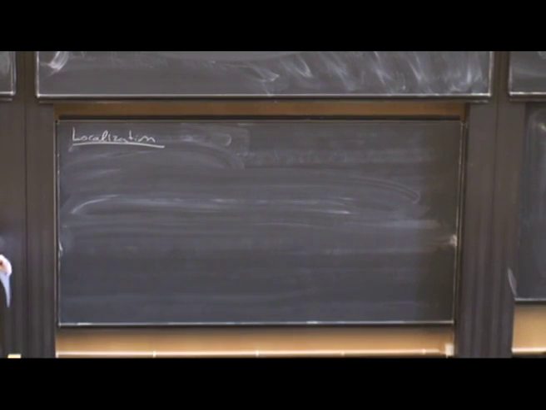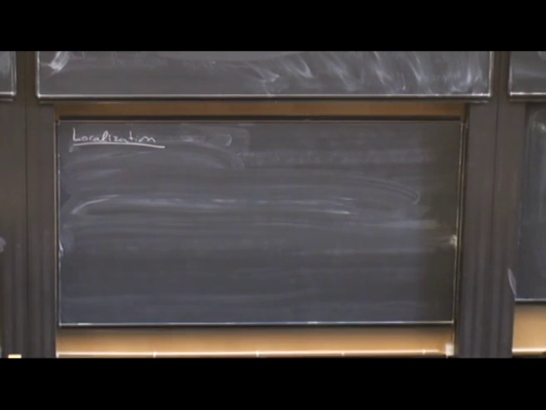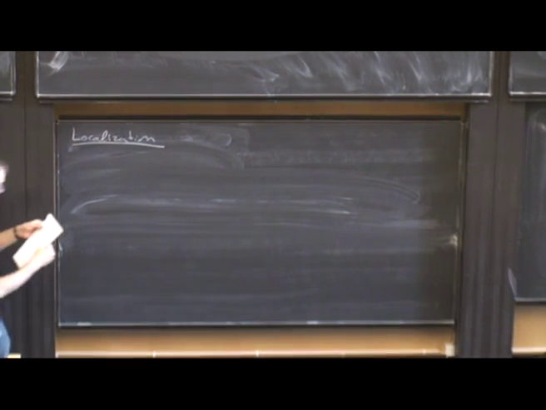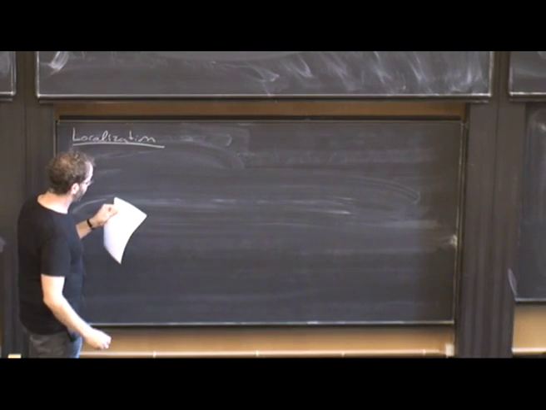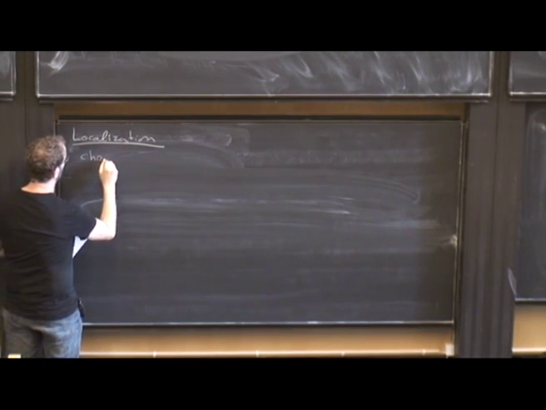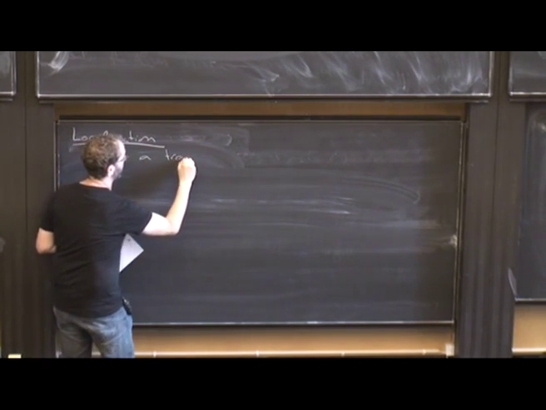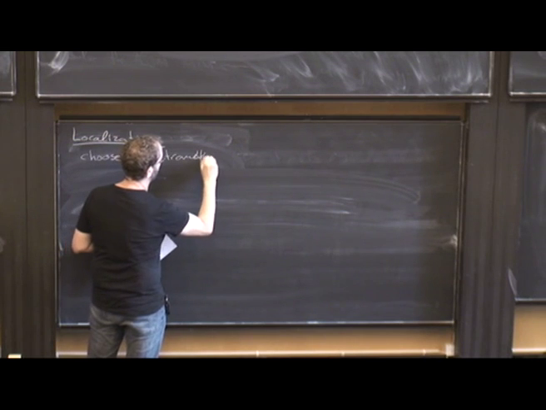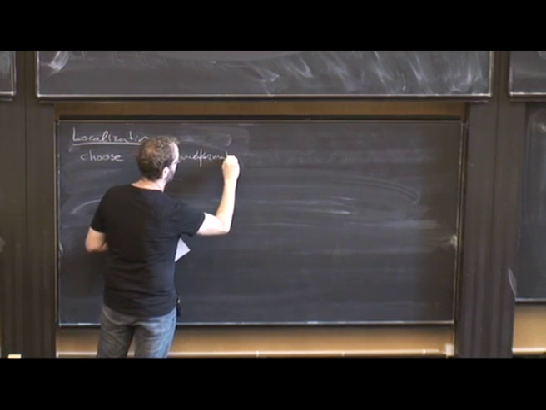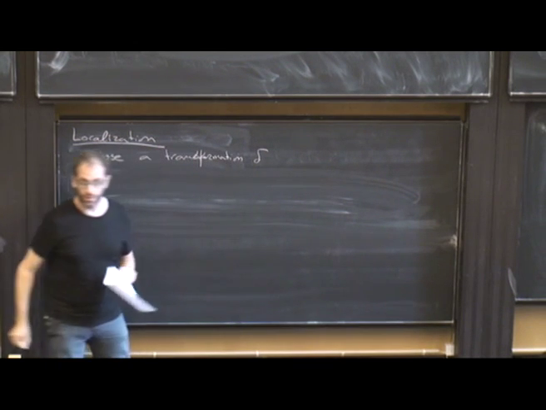So, we need to choose a supersymmetry. We had different supersymmetries acting on our fields up there before, but we will choose a transformation delta of the fields.